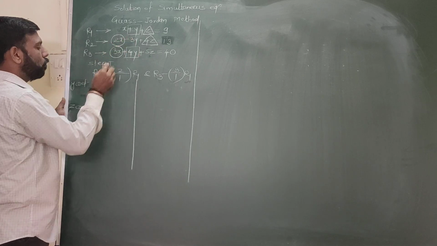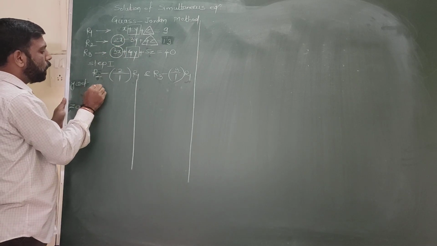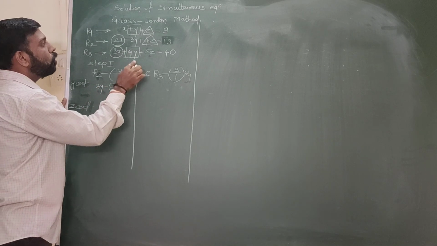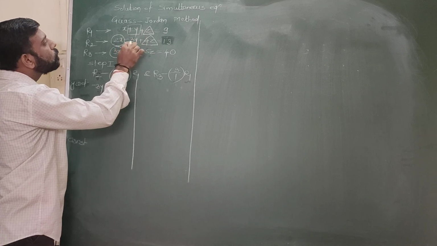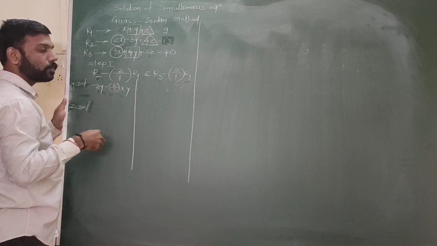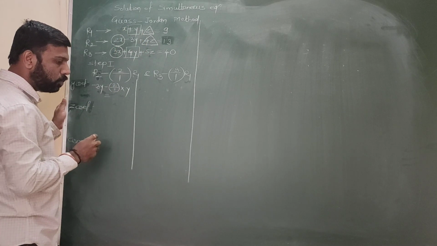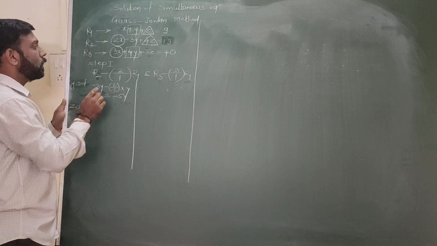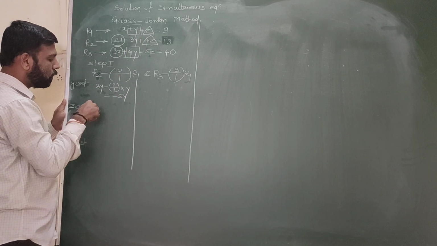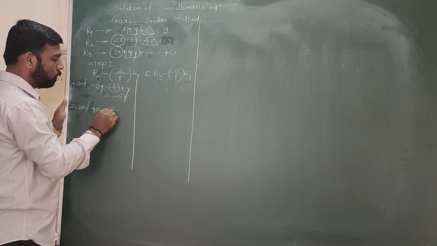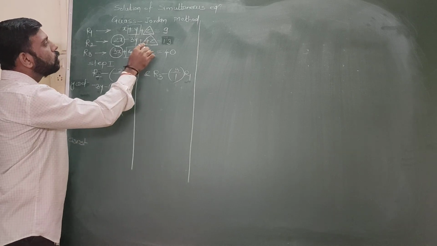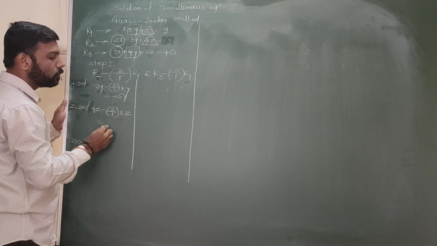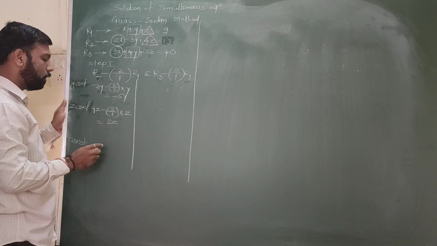For R2, this becomes 0. The y coefficient: minus 3y minus 2 by 1 into its R1 y, which equals minus 5y. Now the z coefficient: 4z minus 2 by 1 into its z coefficient, so it is 2z.